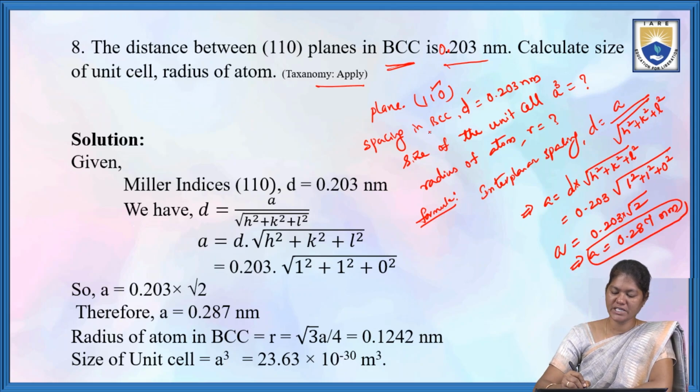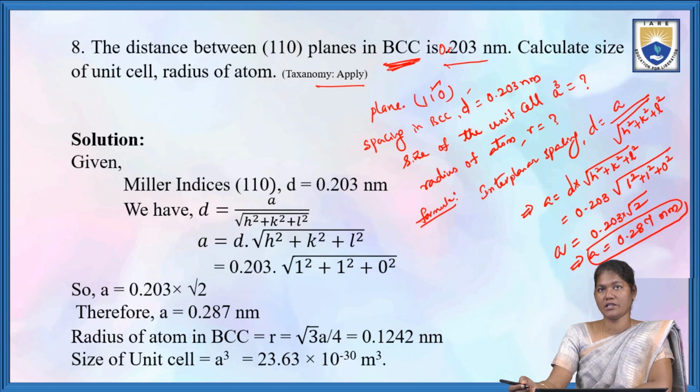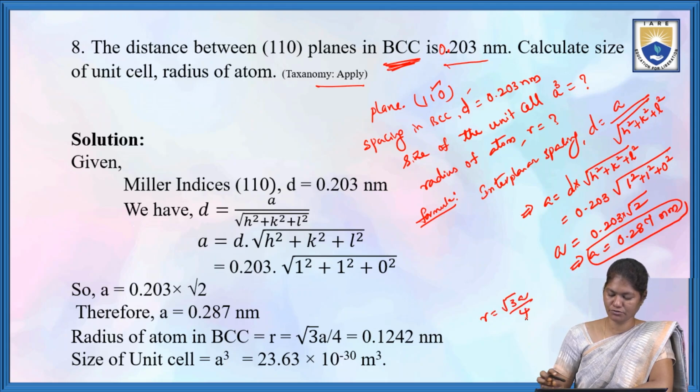In a BCC structure, the relation between r and a is r is equal to root 3 a by 4.